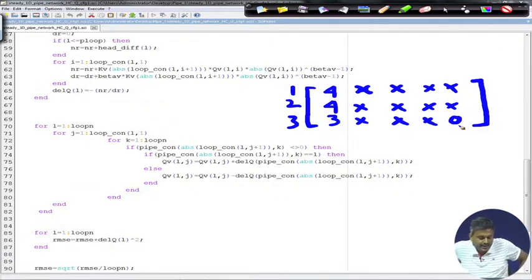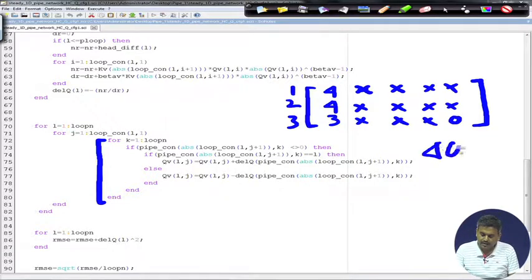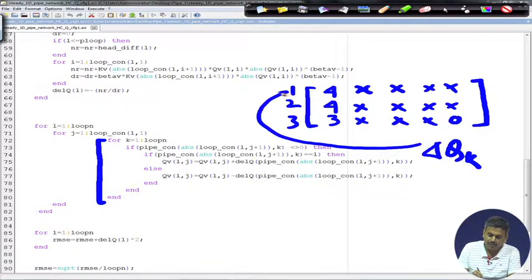Now, in this case the next level is k equals 1 to loop number. Now, we need to add these del q values. For del q I am adding this k index. If k is the index for del q and it directly matches with L, let us say we are talking about q1 and we are in L equals 1, I should add that value here.